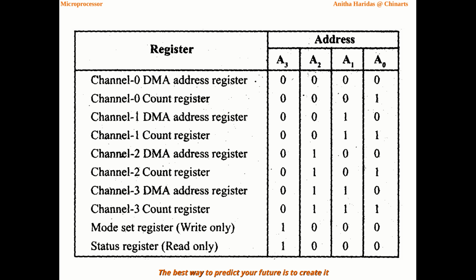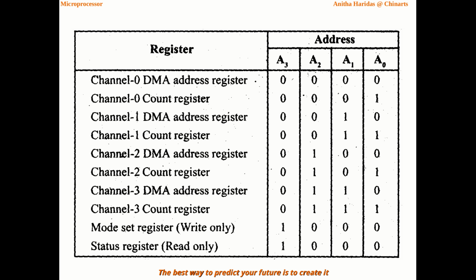And how will it be distinguished? This is a write only register. So if a write signal is generated, this register will be enabled, and this is a read only register. That means you can read the data from the status register. So the address line will be having 1000.